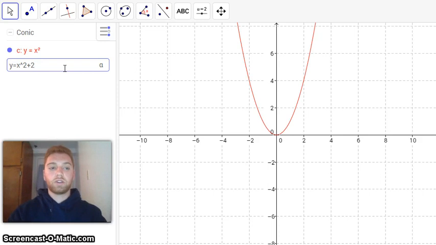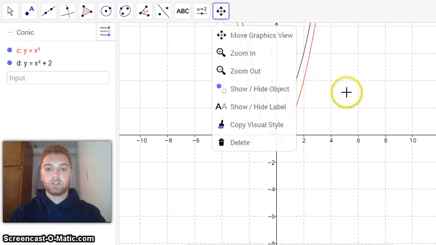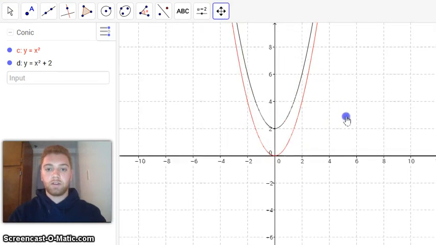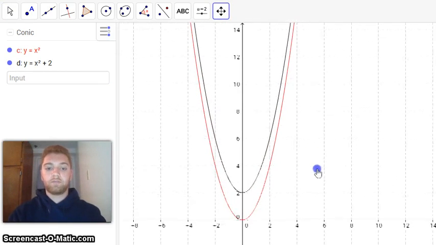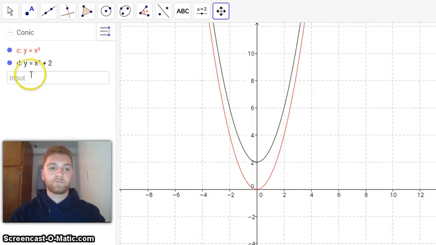So we'll press enter and see how the graph changes. Now you could see, I'll move it a little bit so you could see up top that the vertex is different. You see how there was plus 2 right here, so we went up 2. Although the other parts of the graph did not change. The only thing that changed was the vertex. So not a big change.